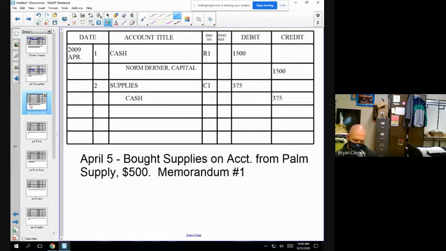April 5th, bought supplies on account from Home Supply. Okay. So what's the debit and what's the credit for that one? Supplies is debit and then Home Supply. Yep. So accounts payable. So supplies first.